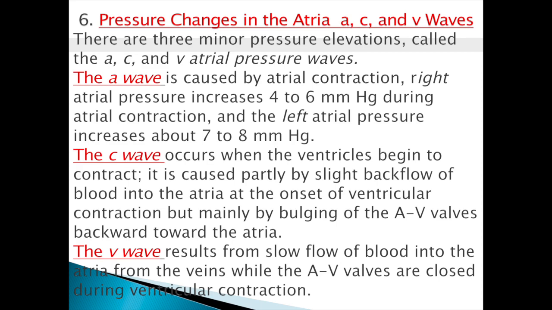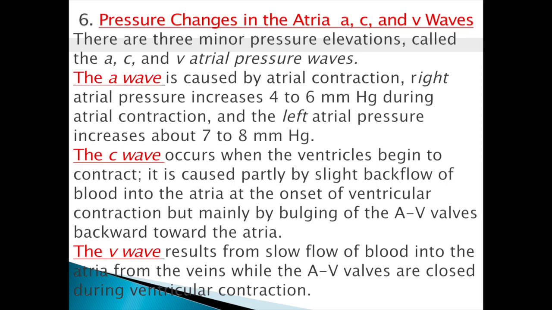The pressure is 4, 5, 6 millimeter mercury, and this pressure of the blood when the atria contracts causes the flow into the ventricle. The C wave occurs when there is a bulge, when there is a contraction of the left ventricle or right ventricle, and there is a backward flow towards atria. There is some blood already available, and this bulging of the atrioventricular valve causes a slight rise in pressure, which comes in the diagram of atrial pressure as a C wave.